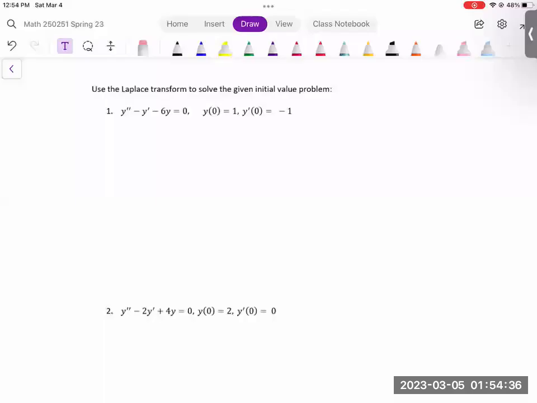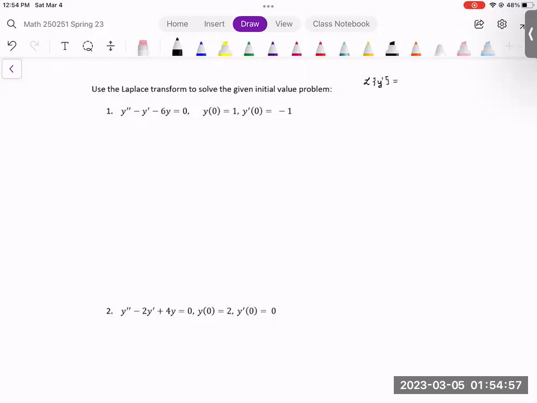Okay, we're going to do a couple of examples of using Laplace transforms to solve initial value problems. So our first step is going to be to take the Laplace transform of both sides. You probably want your formula sheet out with you.